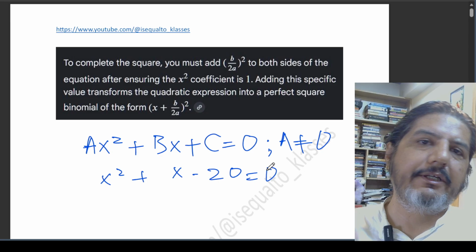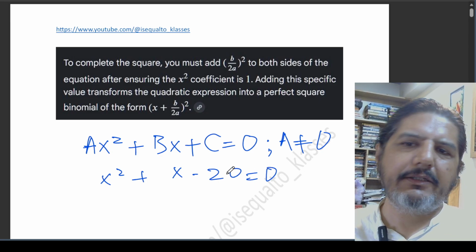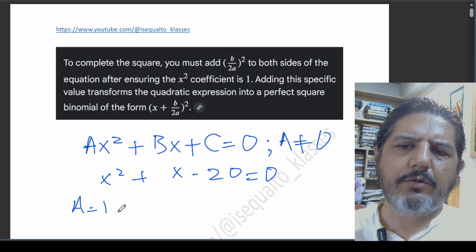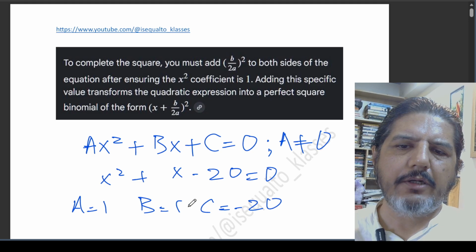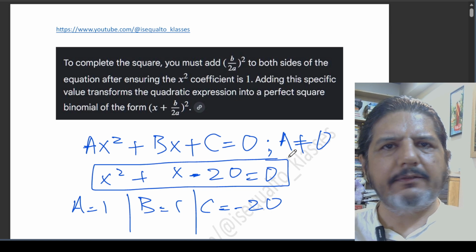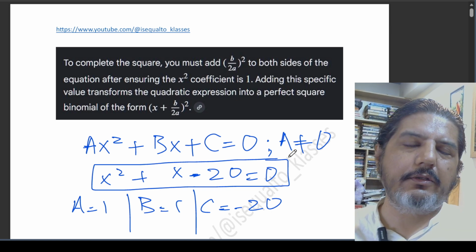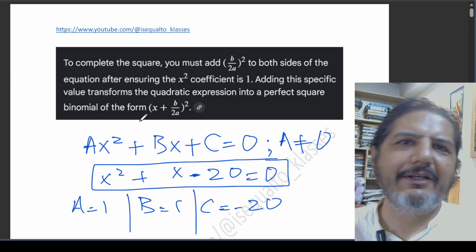This is a quadratic equation which is already in the general form, the standard form. In this equation, you might know that a is equal to 1, b is equal to 1, and c is equal to minus 20. If the given equation x square plus x minus 20 is already in the general form, then we can start the question. Then you are lucky that you got it in a general form.